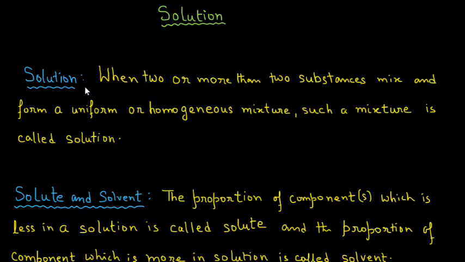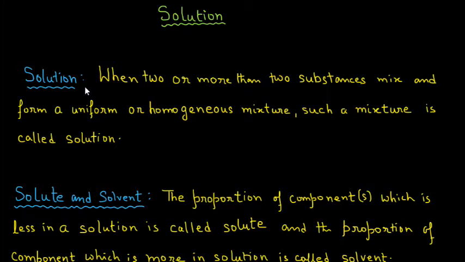All the salt particles are dissolved into the water. So here this salt water is called solution, and the salt is called solute, and water, pure water before mixing up salt, was solvent.